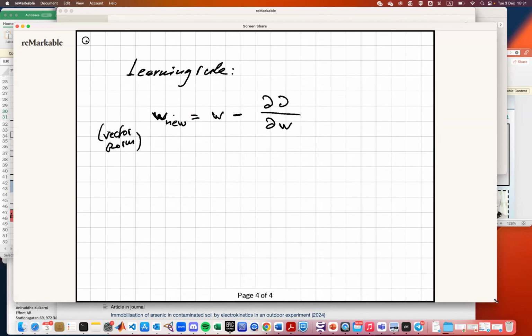This is also a comment to your question: do we compute derivatives or gradients? Derivatives are our gradients. This minus signifies that we want to implement an opposite trend to whatever the gradient is. So we adjust our weights in the opposite direction.